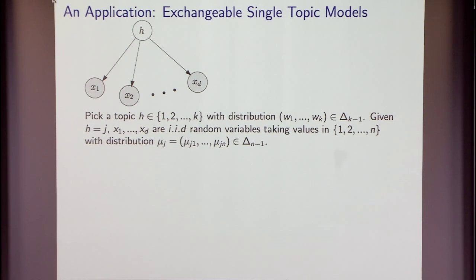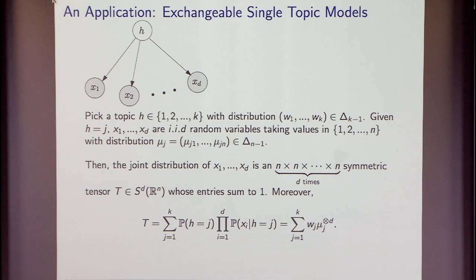We observe documents, and we try to recover the hidden parameters. Basically, we're only going to observe the words in the document. To see what I mean, the joint distribution of the words x1, x2 through xd can be encoded in an n by n by n, d times, tensor, which we'll see later is symmetric.